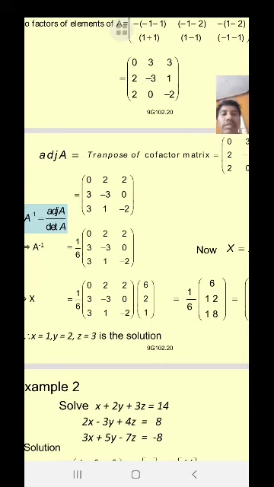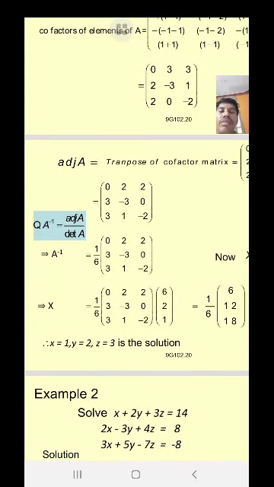So up to now we found det A and adjoint A. Now come to the formula for A inverse. Don't consider the Q, it is wrongly printed. A inverse equals adjoint A by det A. Therefore A inverse equals 1 by det A, that is 6, and adjoint A is the matrix 0 2 2, 3 minus 3 0, 3 1 minus 2.